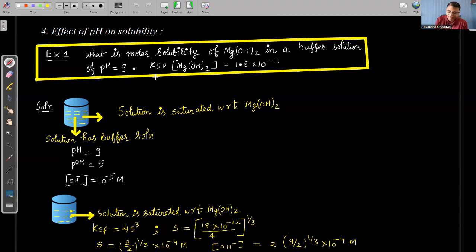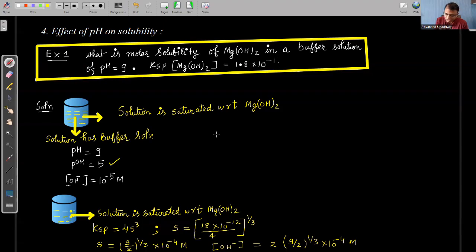We know that if nothing is mentioned about temperature, the temperature is room temperature. At room temperature, pH plus pOH is 14. From there we can find out the pOH of the system. pOH of the system is 5. So the OH minus ion concentration in the system is 10 to the power minus 5. We know that the value of the equilibrium constant Ksp only depends on temperature.